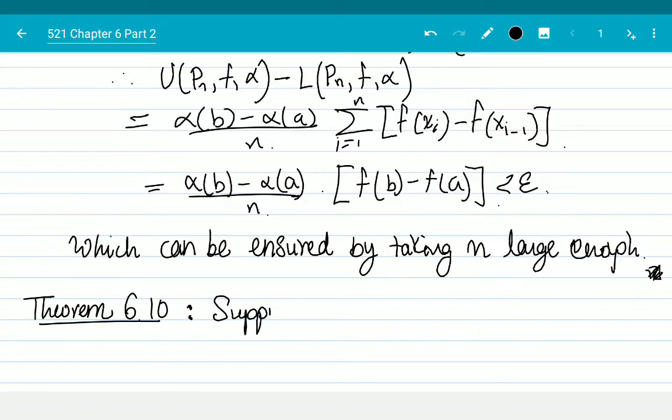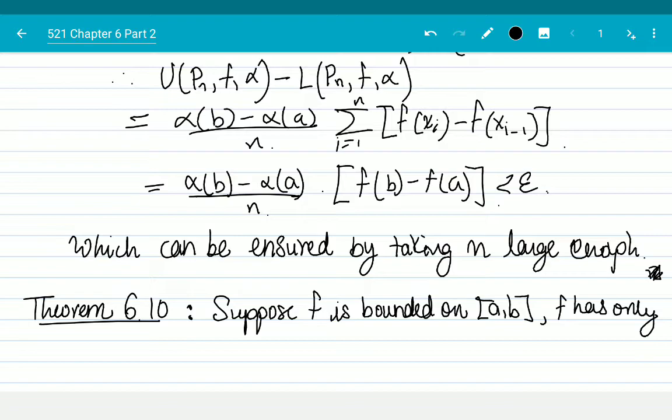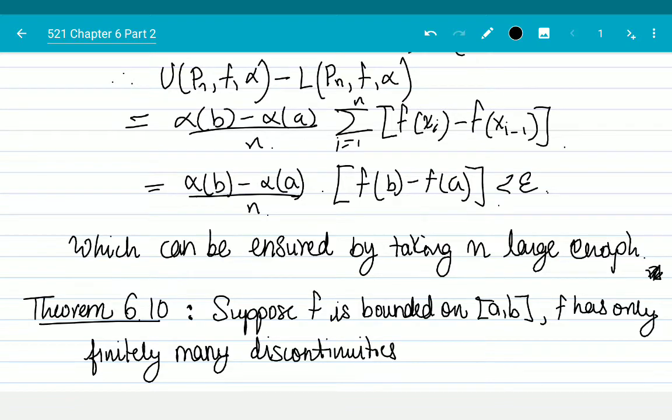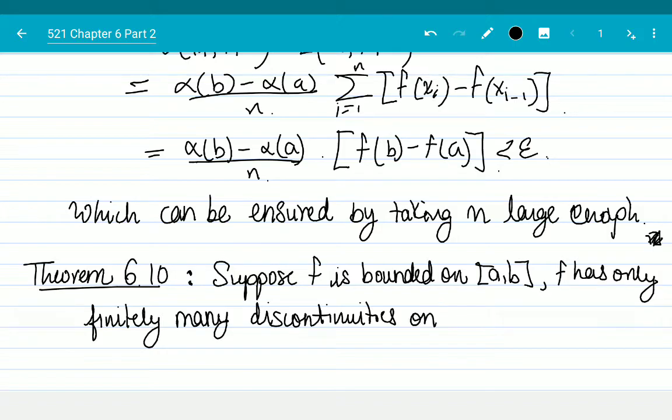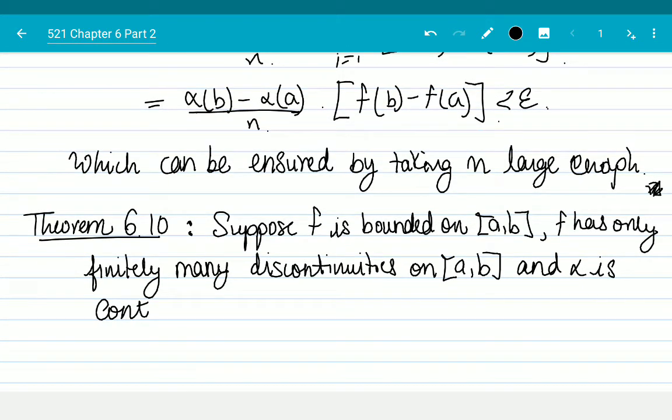So suppose f is bounded on [a, b], f has only finitely many discontinuities on [a, b], and alpha is continuous at every point at which f is discontinuous.